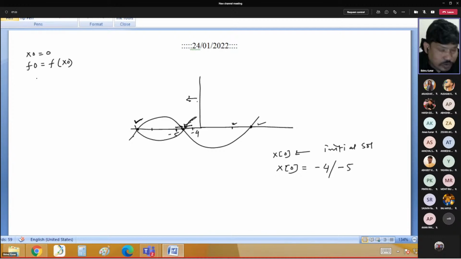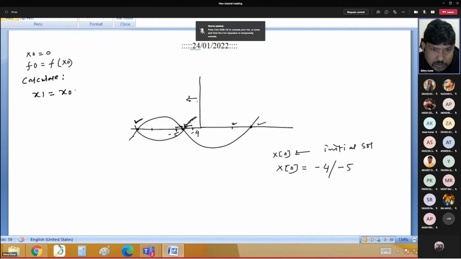In the bisection method you have done this, isn't it? Yes, sir. Same process. Okay. So suppose after that I told you to calculate x1 equals x0 minus 1.